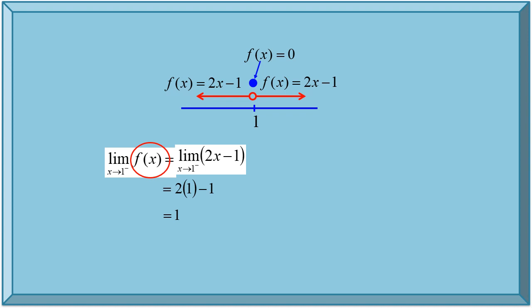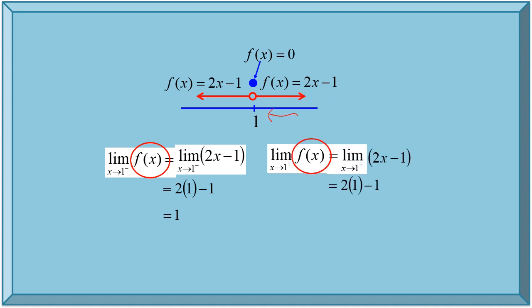How about the right-hand side? It will be the limit of f(x) as x approaches 1 from the right side, so the right side of 1. We should use the function on the right side of 1, not exactly at 1. The right side of 1 is the function 2x minus 1, the same as the left side. After we find out which function we should use, we just substitute the value of a inside the function.